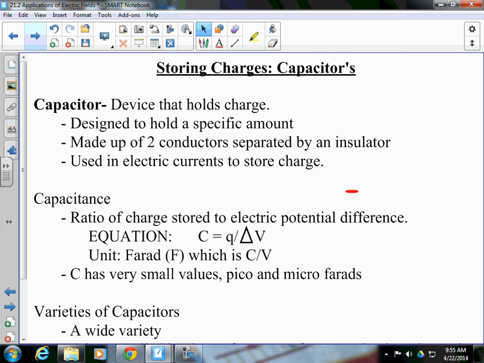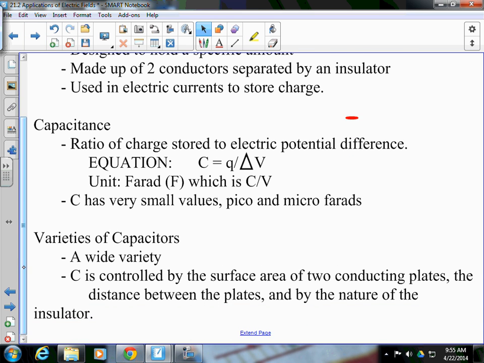And how do we figure out capacitance, or how much the capacitor can hold? Capacitance C is equal to Q divided by change in V. C is capacitance, Q is test charge, and V is voltage. The unit for capacitance is a farad. Now, when you figure out capacitance, it's going to be a very small number.